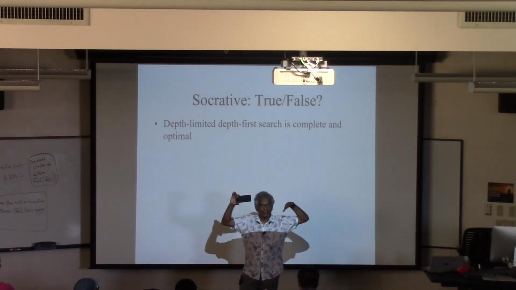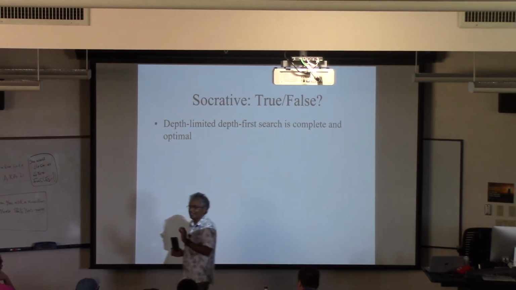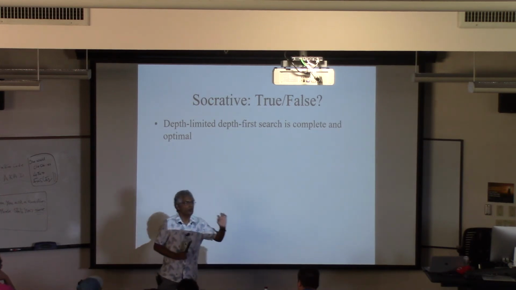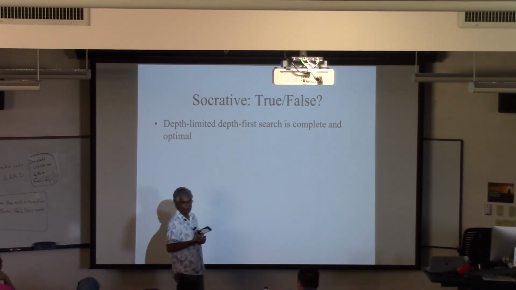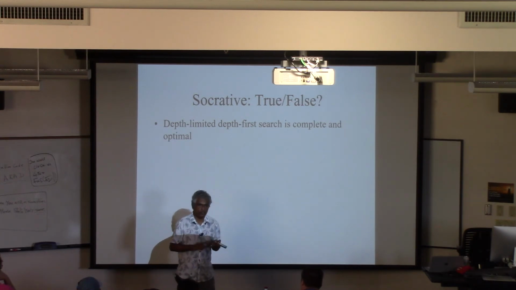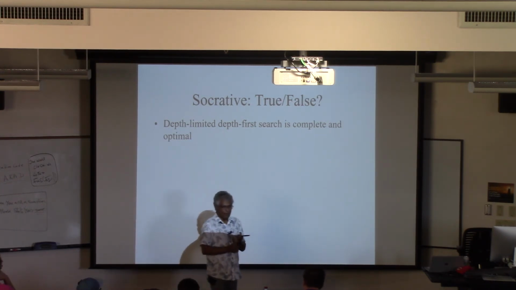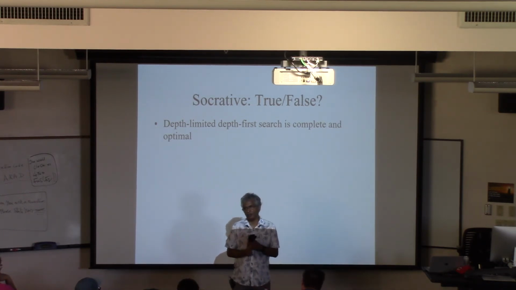Complete means if there is a solution, you will find a solution. Optimal means, in fact, more importantly, complete means if there is a solution, you will either find the solution or terminate. Optimal means if there is a solution, you will find the optimal solution, the shortest cost solution.